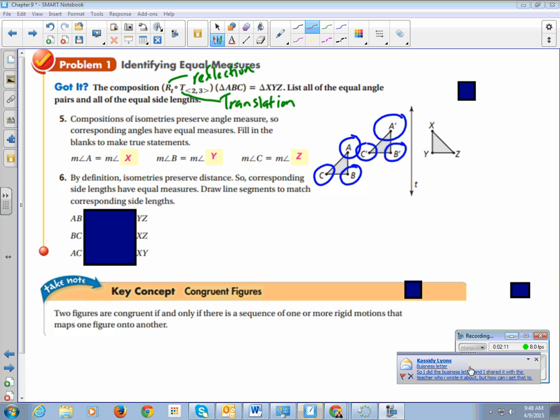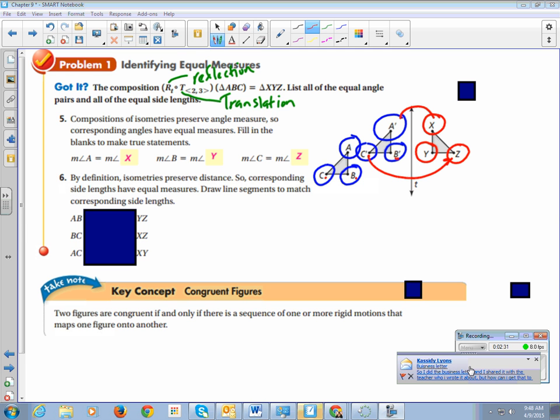Which translates to A goes with A prime goes with X, B goes with B prime goes with which one, X, Y, or Z? Y, and then C goes to C prime and C prime goes to Z.